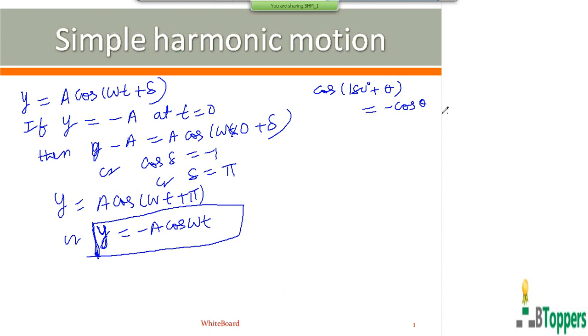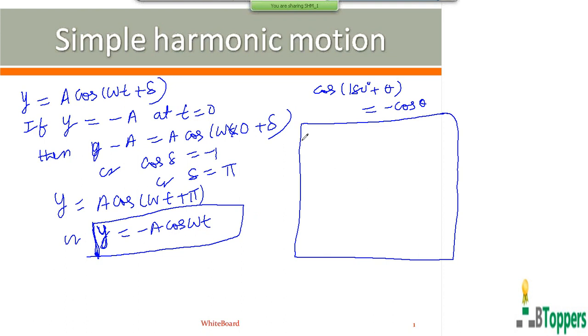So, summarizing the discussion, if the particle is initially at the mean position with its velocity directed in the positive direction of x-axis or positive direction of displacement, then displacement y from mean position at time t can be written in the form y equal to a sin omega t.